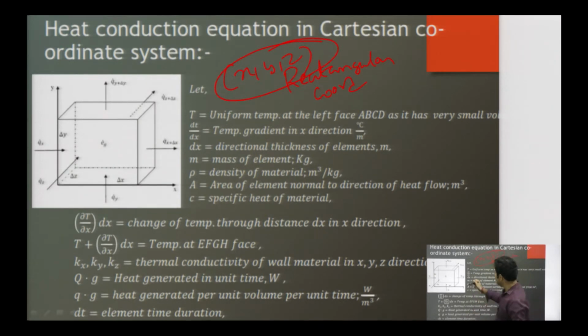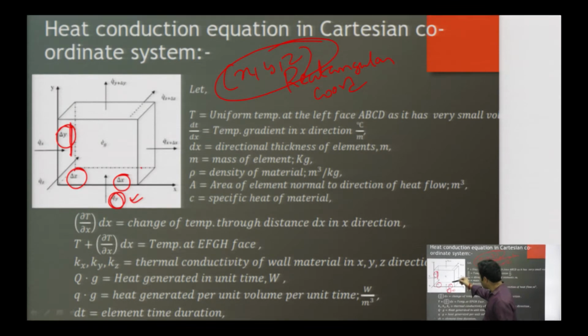Now we have a cube which has dimensions of delta x, delta y, and delta z along their respective axes. If this is the thickness, the amount of heat that is entering along the thickness, suppose I am taking the y axis, will be qy.